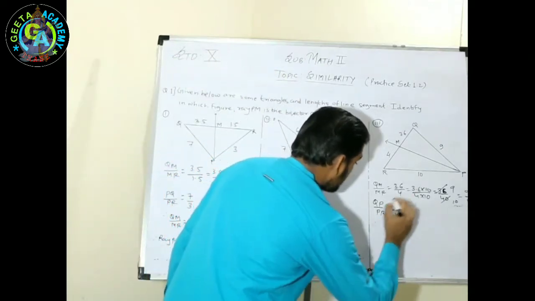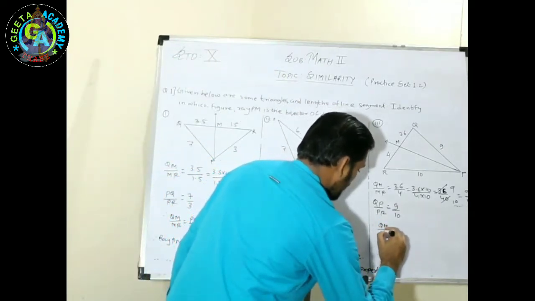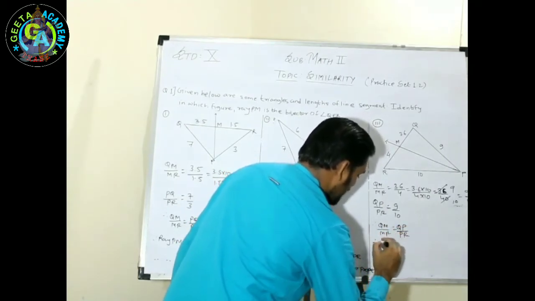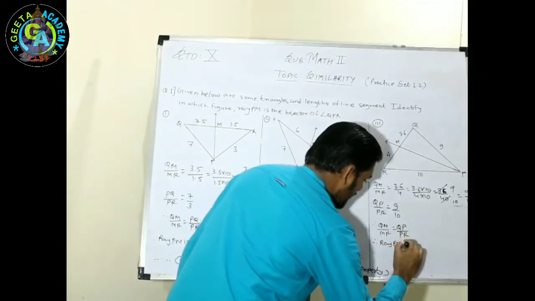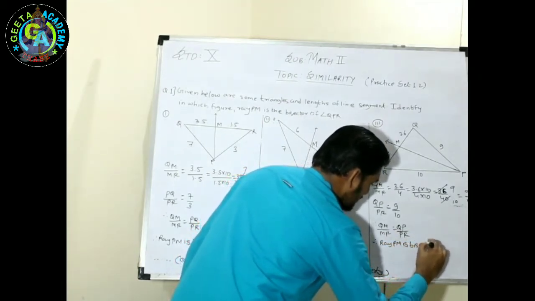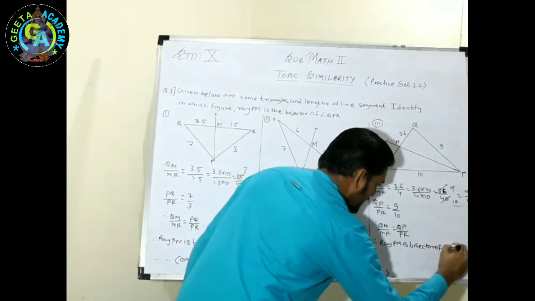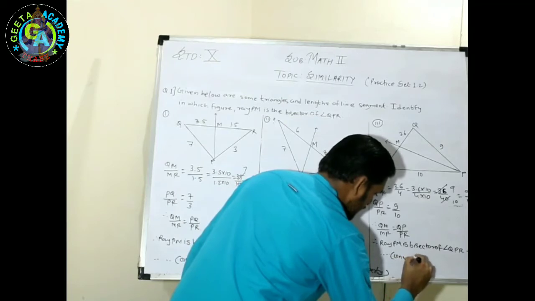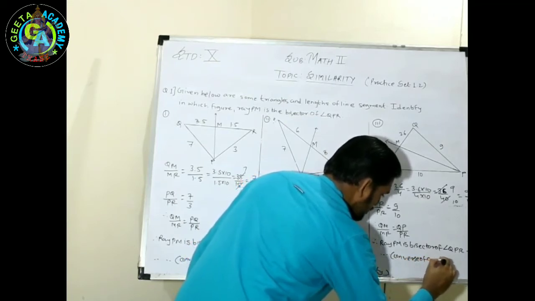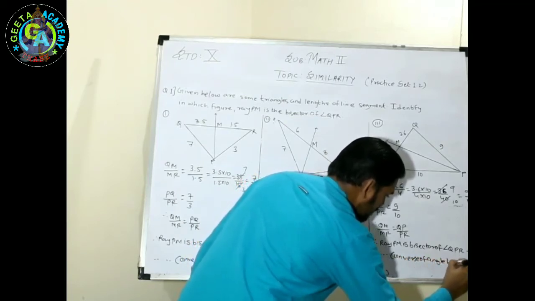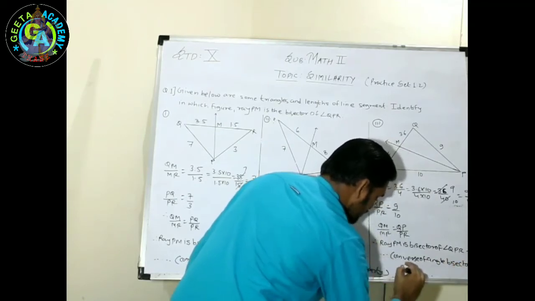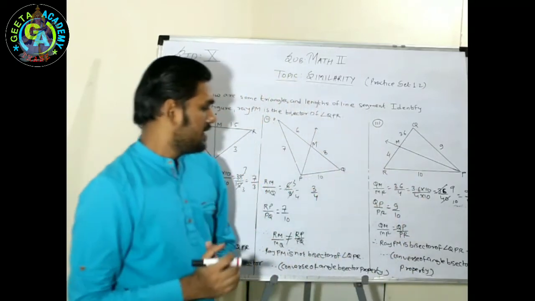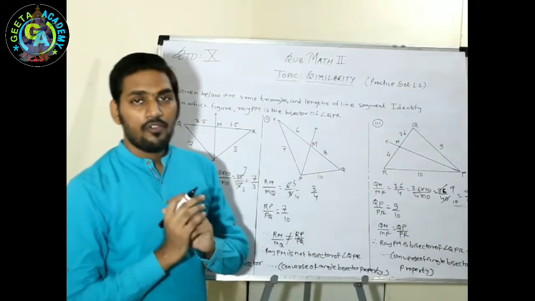Since QM upon MR is equal to QP upon PR, we can say that ray PM is bisector of angle QPR. Reason: converse of angle bisector property.